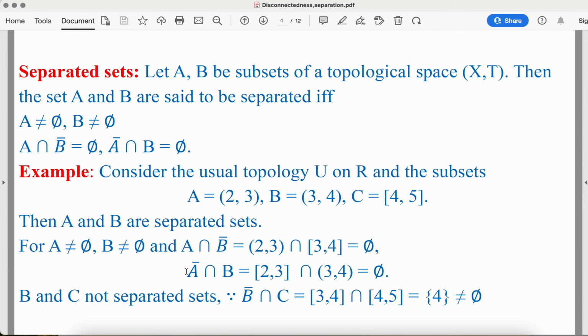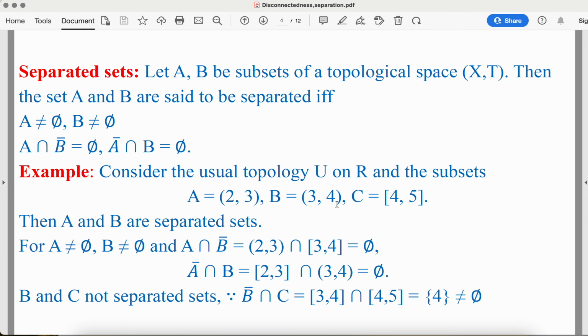Also, the closure of A intersection B: the closure of A is the closed interval [2,3], intersection with the open interval (3,4) is again the empty set, means the closure of A and B are disjoint. So it means A and B are separated sets.